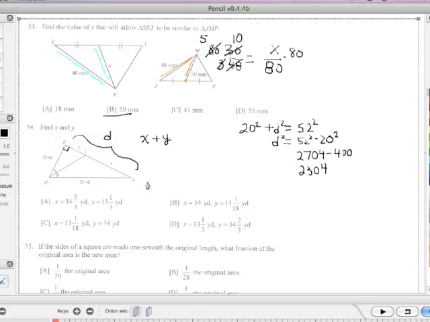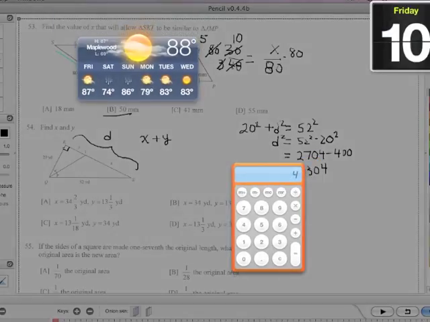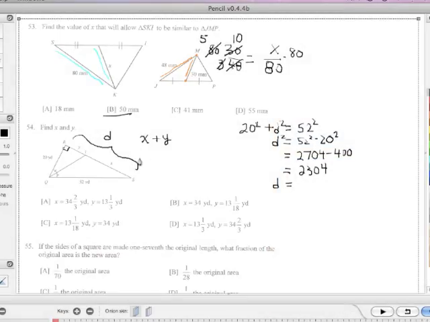It might be a perfect square. I hope it is, because I want to say d is going to equal 48. That's my first guess. 48 times 48 is 2304. Okay, that's a relief. Use your calculator and square root button to get that faster than guessing. So we know x plus y is this distance, and that's going to equal 48.